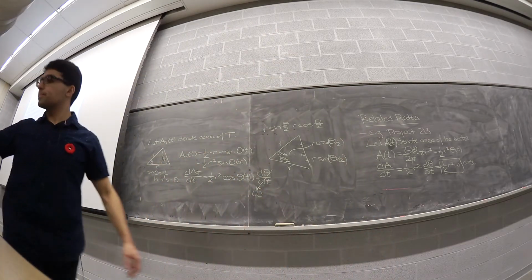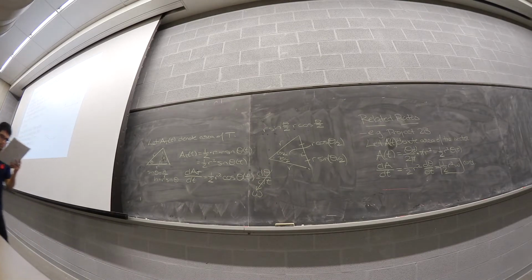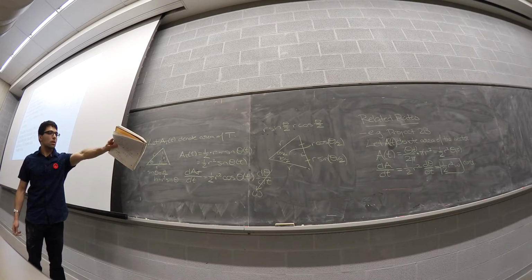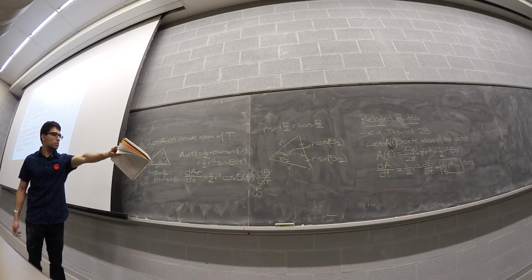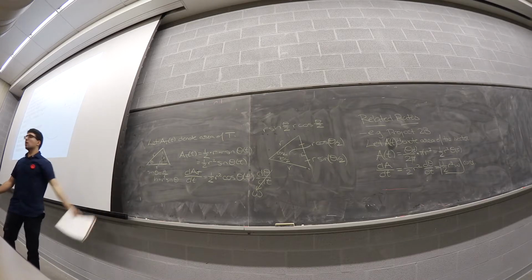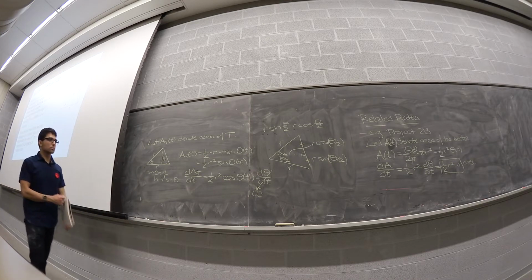Good, so that tells you that the area of the sector is changing at a constant rate. The area of the triangle is changing at a not constant rate. Okay?